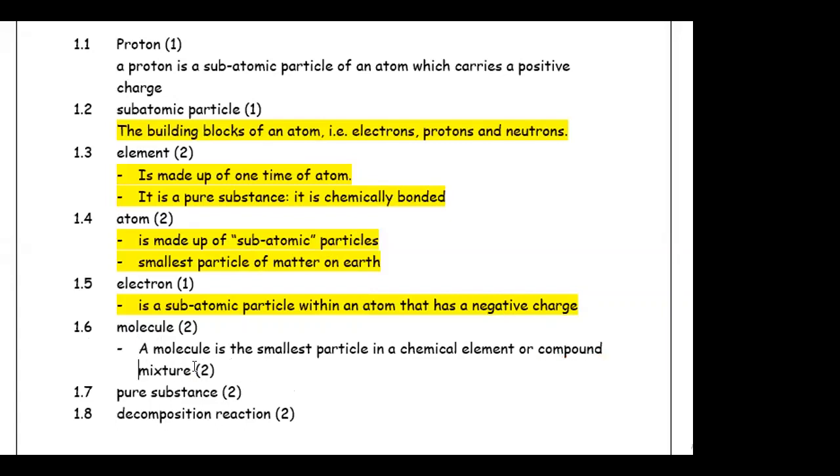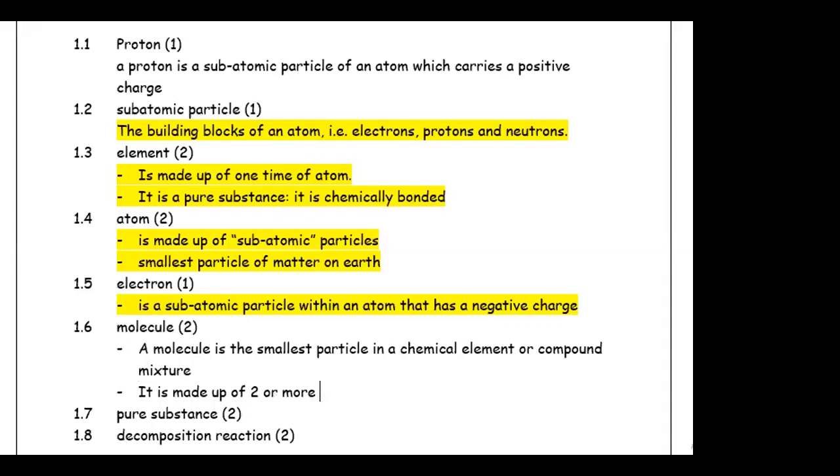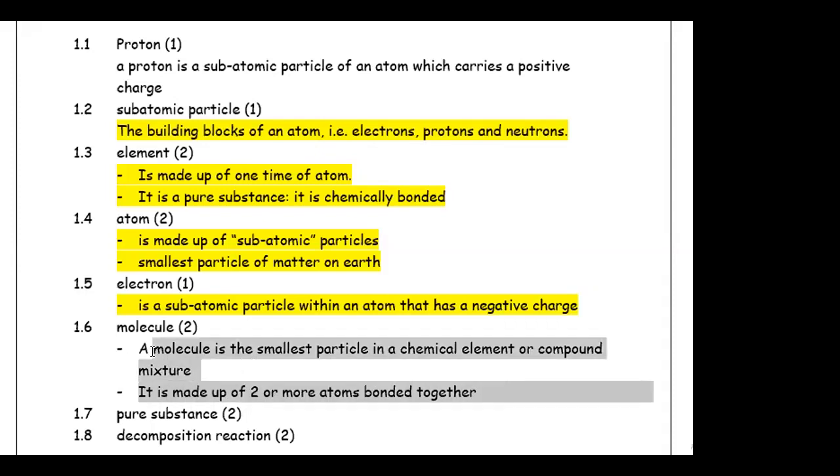Well done. Right. So if you gave me that answer, I'm going to give you 1 mark. All right. And if you can tell me more about it, it is made up of 2 or more atoms bonded together. All right. So those are the 2 answers I'm looking for there.